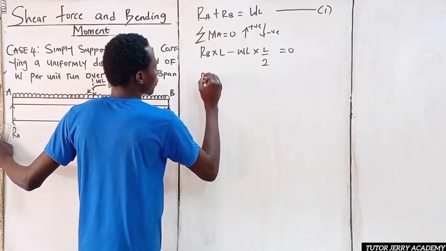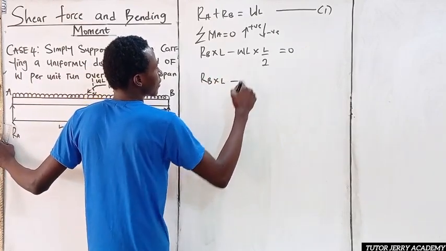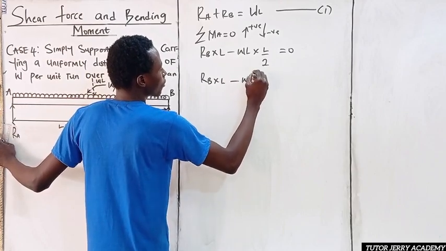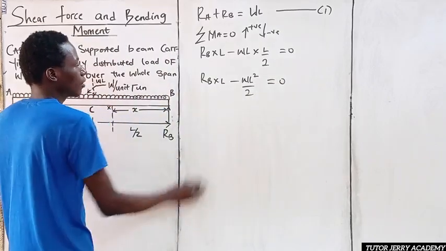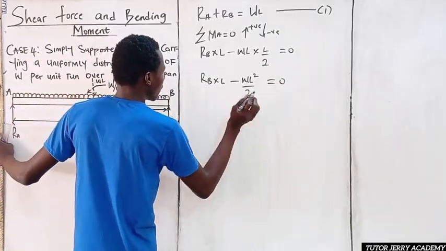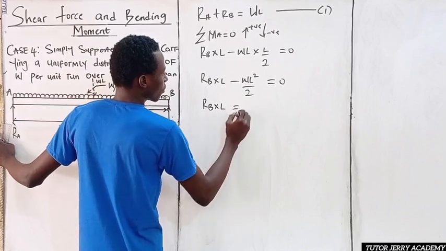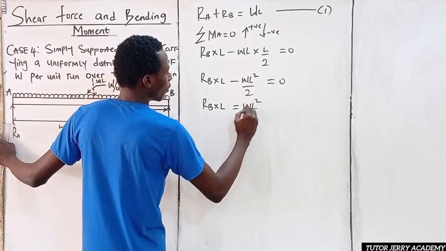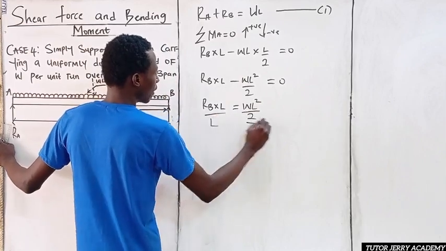This is the same thing as RB multiplied by L minus, L times L is L squared, so WL squared all over 2, everything equals 0. We can take minus WL squared all over 2 to the other side. We have RB multiplied by L equals WL squared all over 2. Let's divide both sides by L.